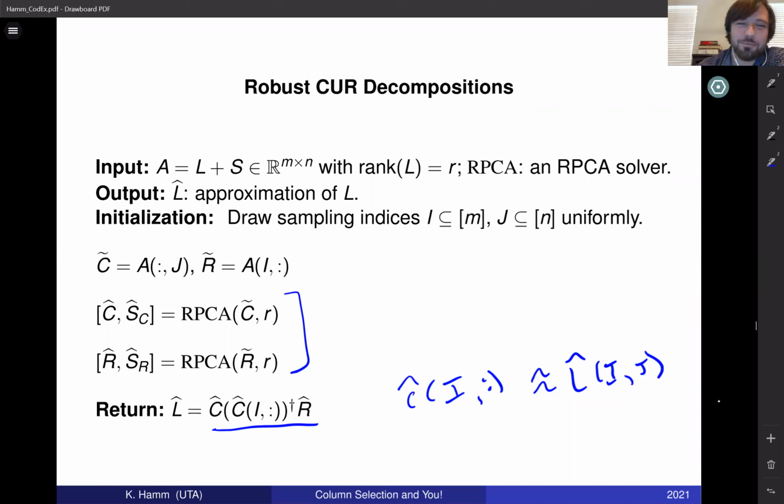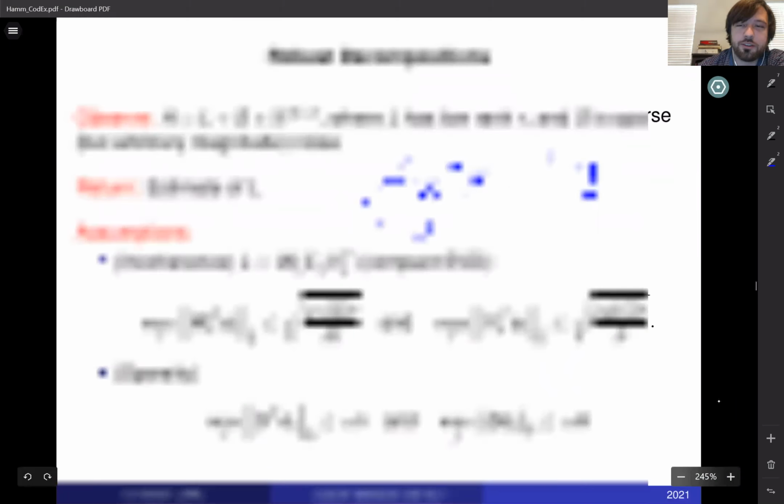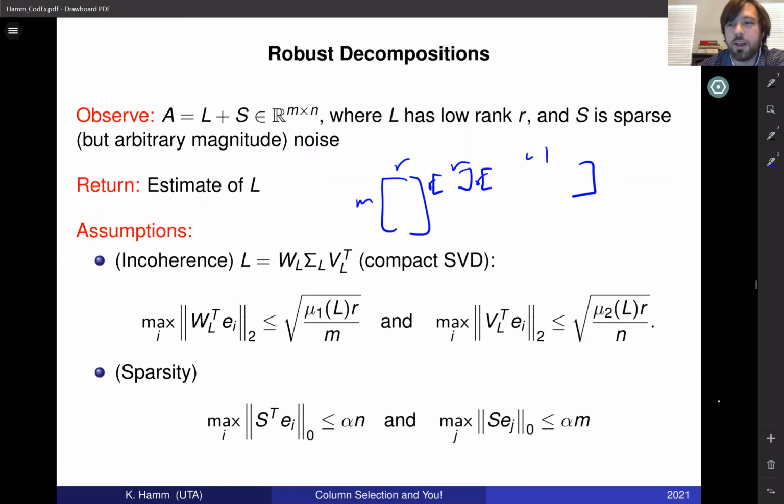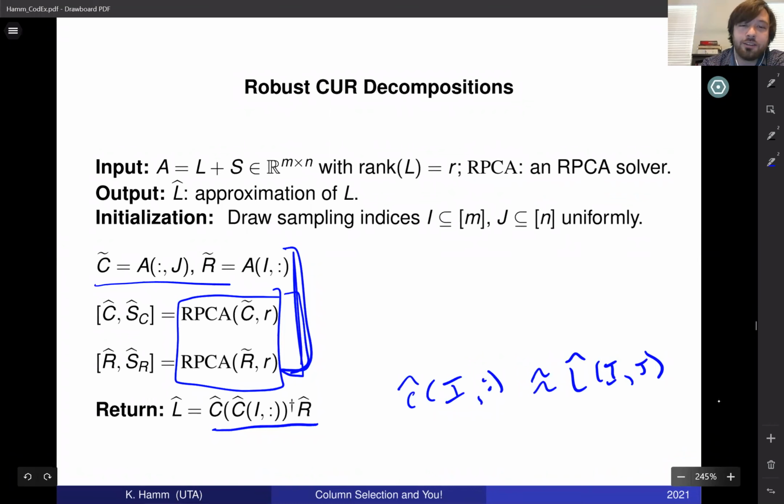Right, okay. But basically for the guts of it, keep in mind I'm trying to run my RPCA algorithm on a submatrix of A. Typically, if I'm going to run robust PCA on the entire matrix, I enforce these incoherence and sparsity assumptions on all of L and all of S. So if I want to apply robust PCA successfully on submatrices of A, I need the submatrices of L to have good incoherence and the submatrices of S to have good sparsity.